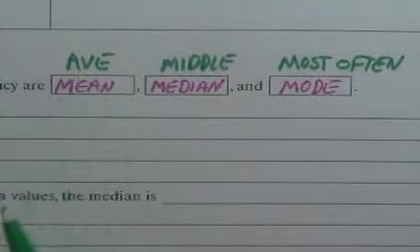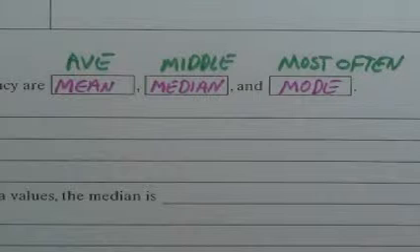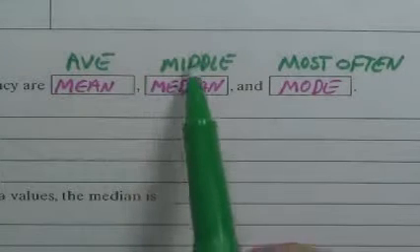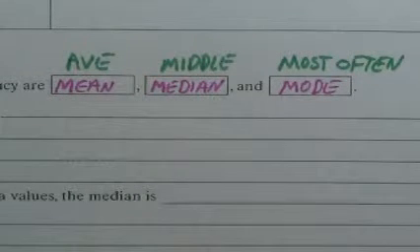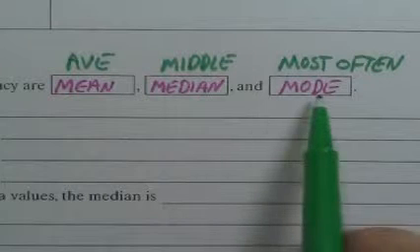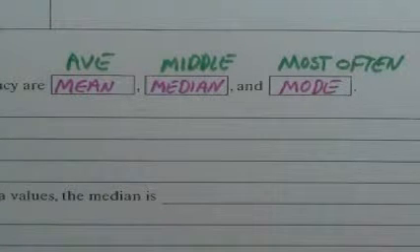You can think of mean as being the average, the median being the middle number, and the mode as being the most often number.